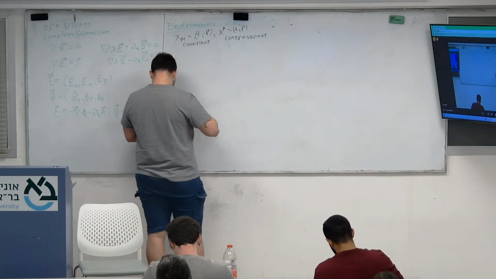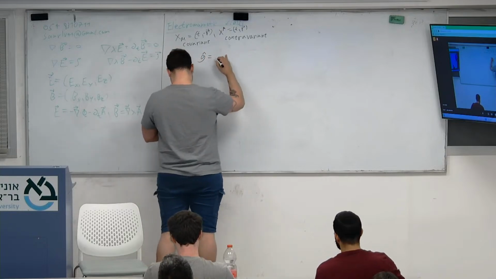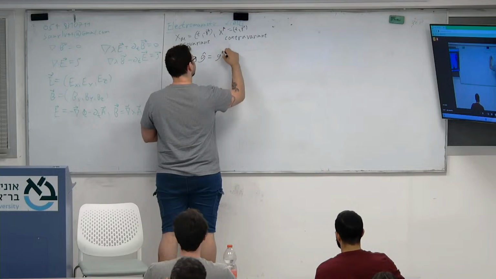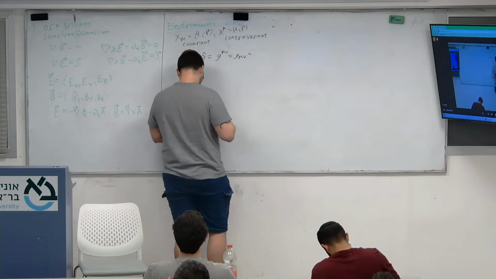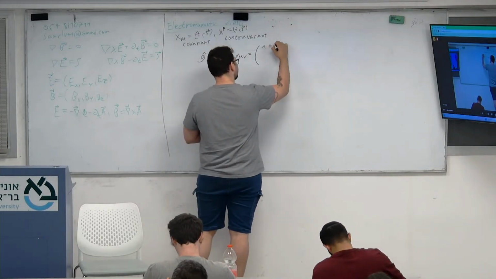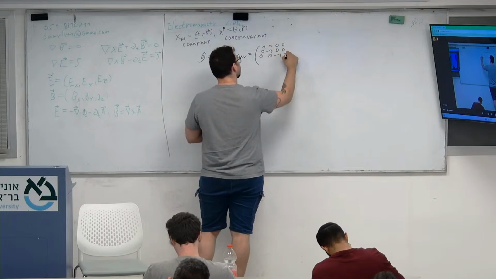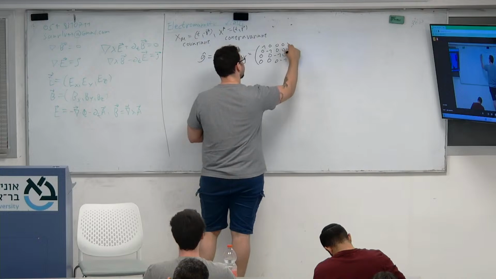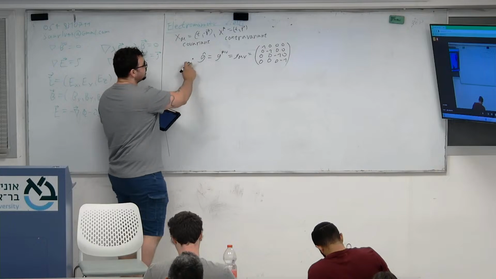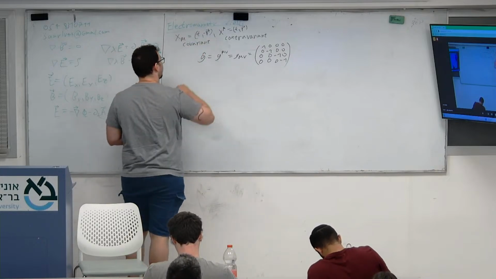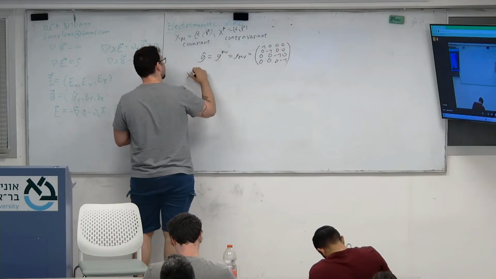Let's call it g, equal to plus 1, 0, 0, 0, minus 1, 0, 0, 0, minus 1. Okay. And with this matrix, we can write, for example, the contravariant x upper mu equals g mu nu x nu.